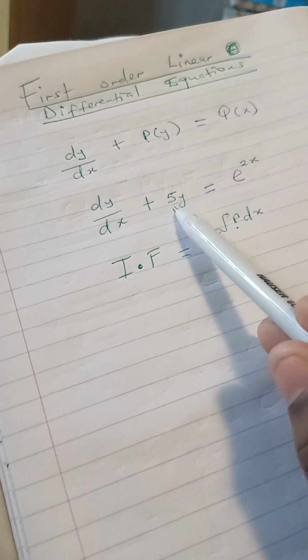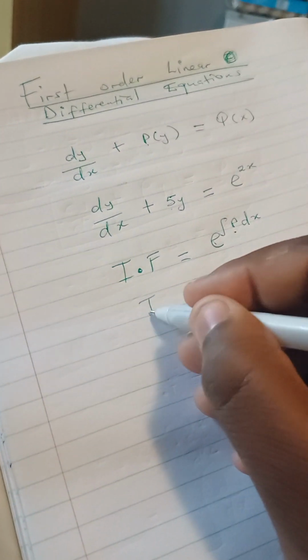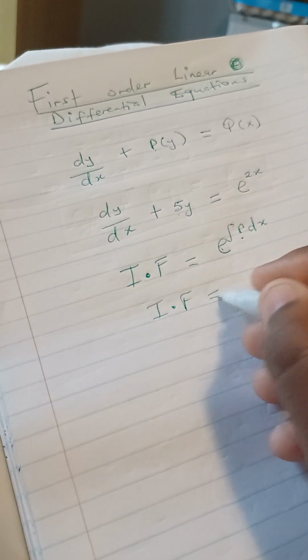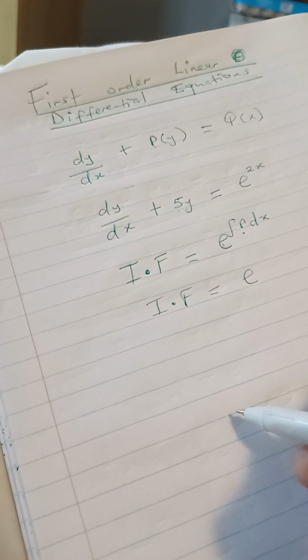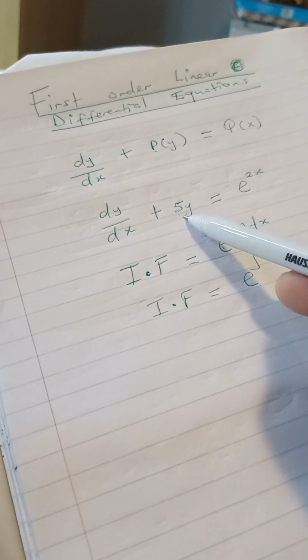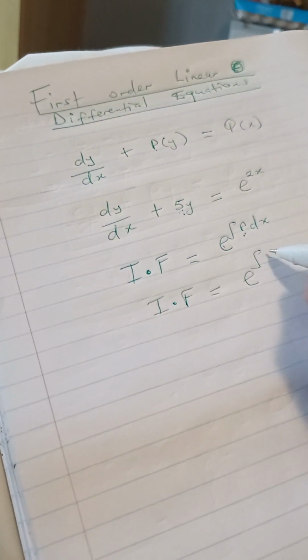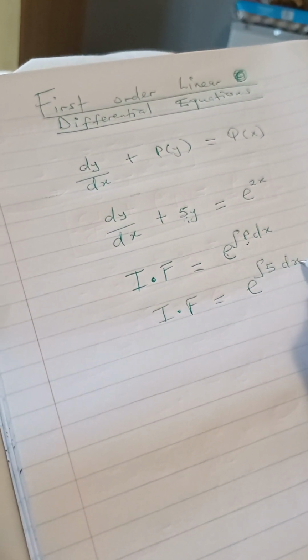The coefficient of y here is 5. Therefore, the integrating factor is e to the power of the integral of 5 dx.